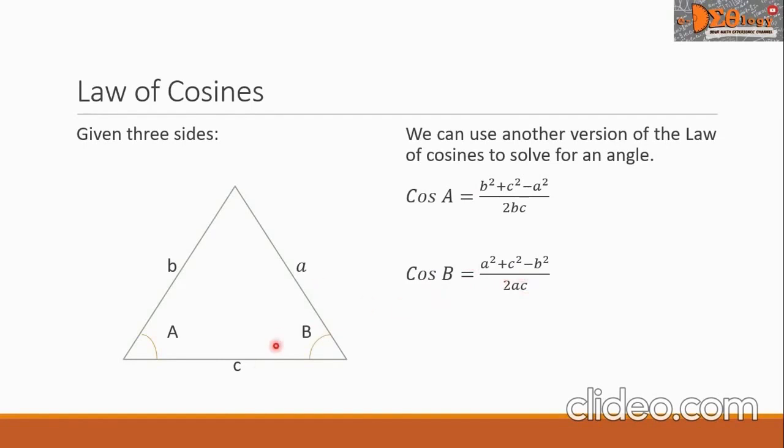These are now the adjacent sides. Then minus B square, the opposite side, all over 2AC. And if we want to get the angle C, the formula is cosine C equals A square plus B square minus C square all over 2AB.